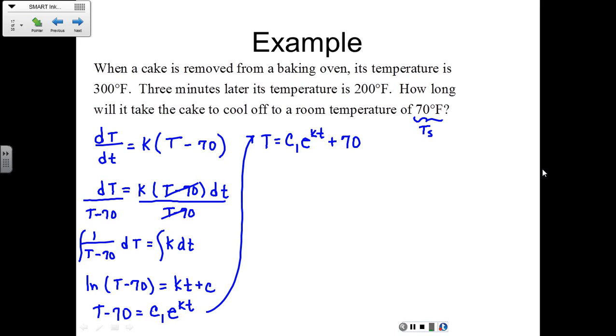I need to find k next. So what I'm going to do is use that next sentence given to me. We used the 300 part. Well, no, we haven't used that yet at all, have we? At time equals 0, the temperature was 300 degrees Fahrenheit, right?